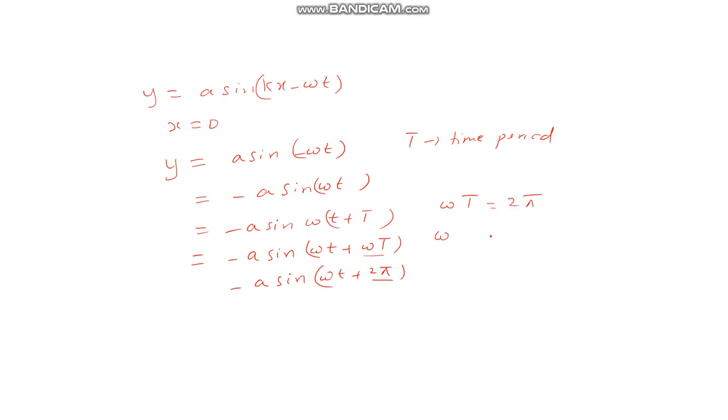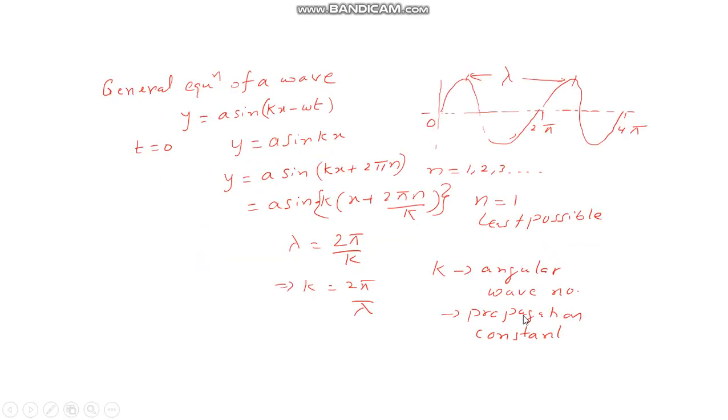That means omega is equal to 2 pi by T. So this is the formula to calculate the angular frequency. You know that 1 by T is equal to frequency, so this equation can also be written as 2 pi mu. So you have to remember this formula and understand it while doing the numericals. So from the same equation both things can be derived. The basic equation was this.